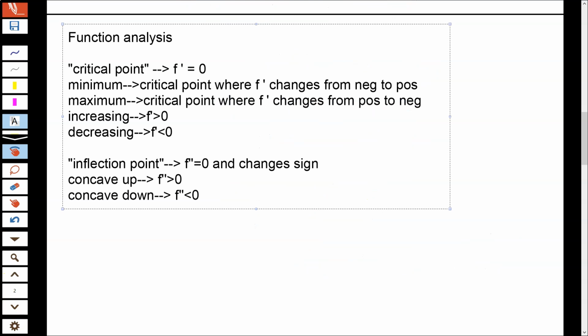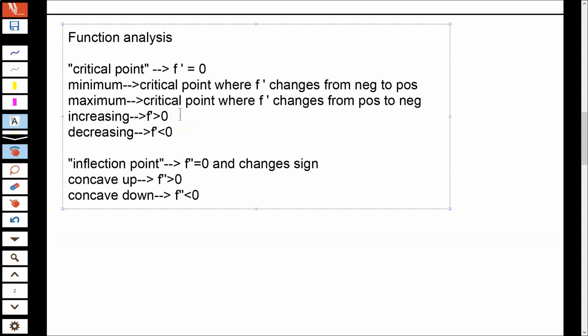Okay, all these definitions were from our function analysis unit. So a critical point is where f prime is equal to 0. And then minimums and maximums are critical points, so f prime has to be equal to 0 at these points. And f prime changes sign, either from negative to positive or positive to negative. Increasing and decreasing just go with the sign of the derivative, right?